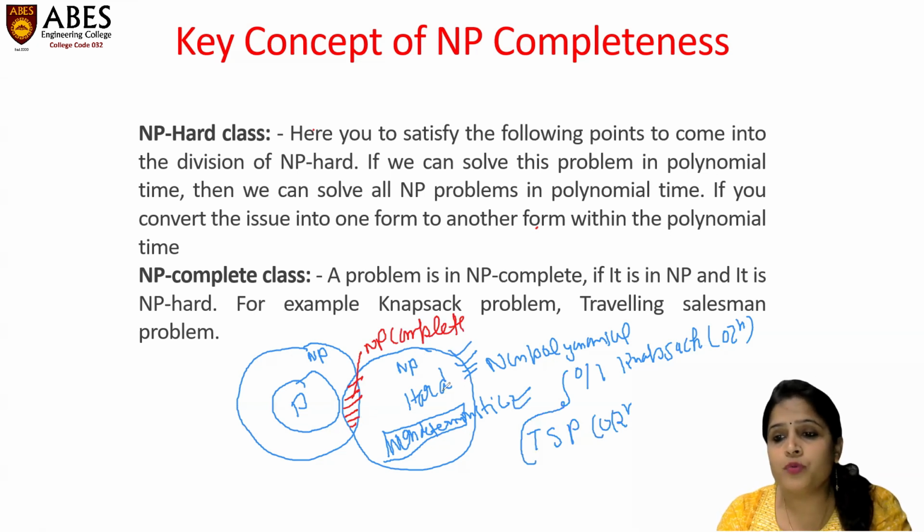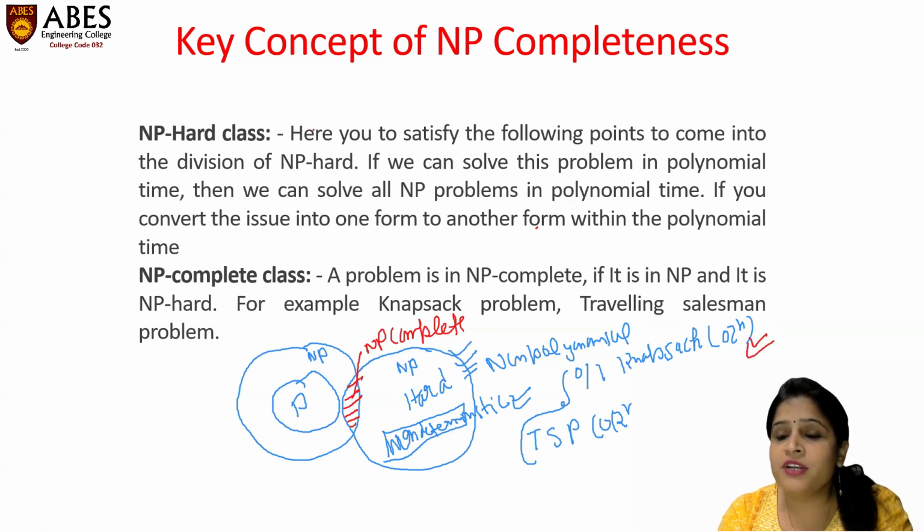NP hard problems are those problems which use a non-deterministic approach and the time is exponential, non-polynomial, right? Like the 0 1 knapsack problem uses a non-deterministic approach, but the time complexity is 2 raised to the power n.